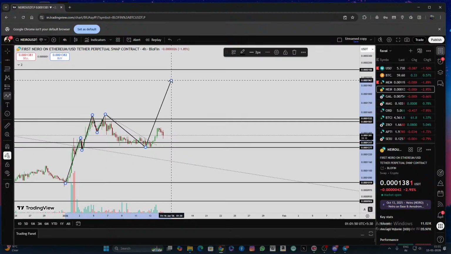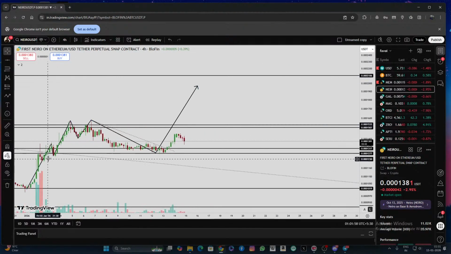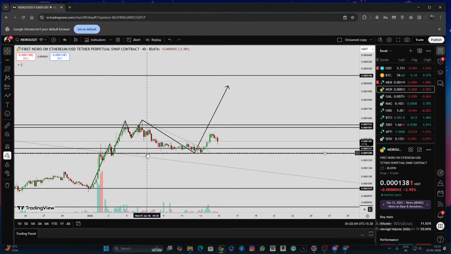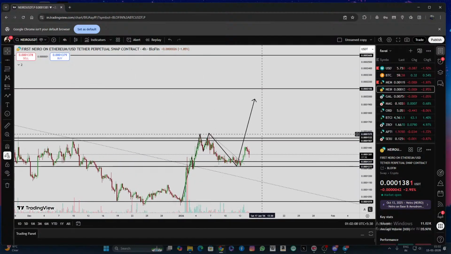It was just a small secondary trend, then it reversed from here, tested this resistance zone, then again got back up. Okay.